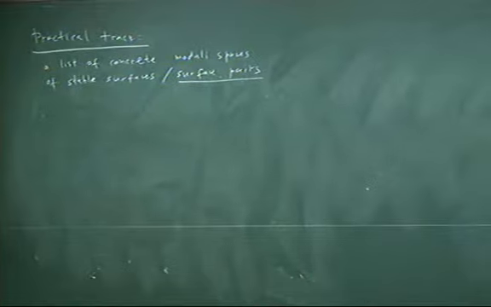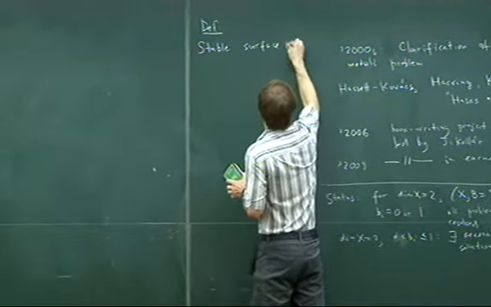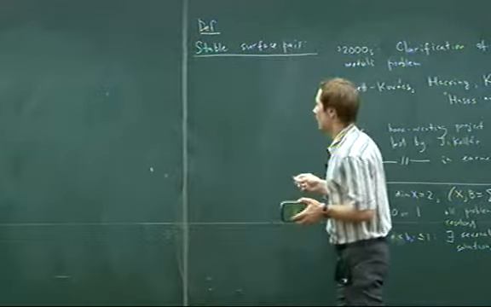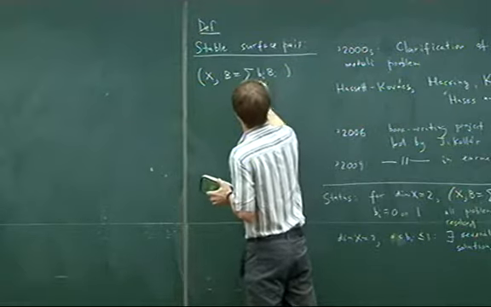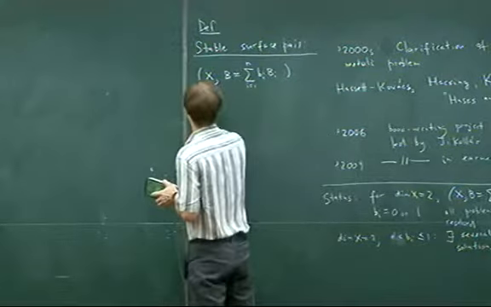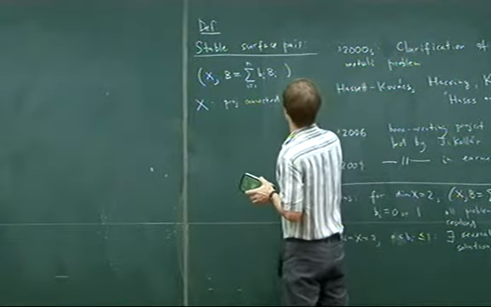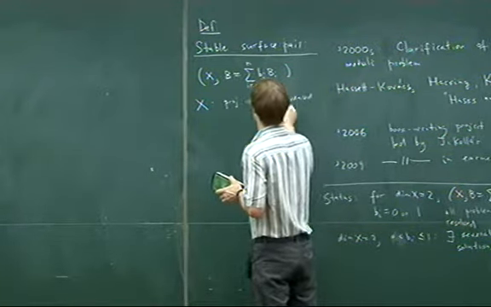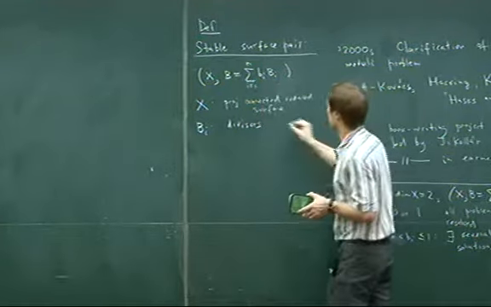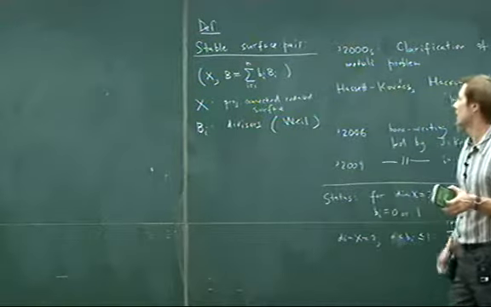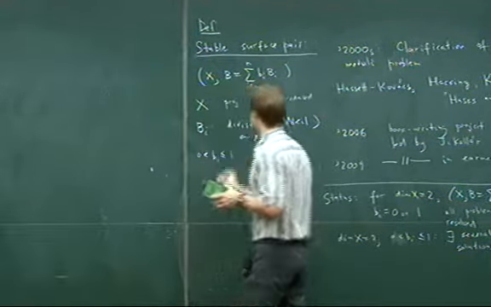So a stable surface pair is a pair like this, where X is a projective, connected, reduced surface, B_i are divisors, Weil divisors on X. And these small b_i are some coefficients between 0 and 1.